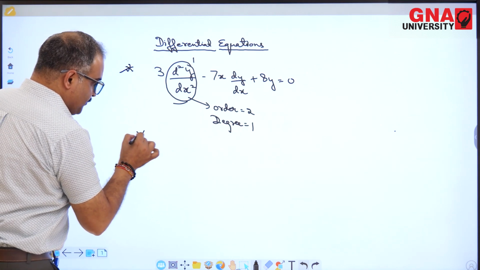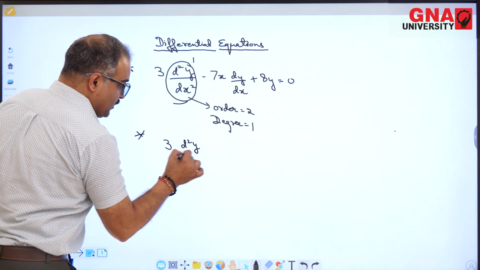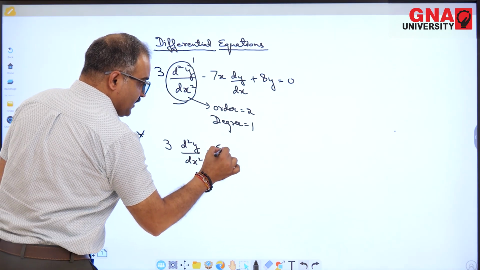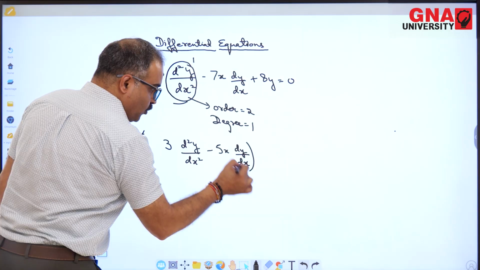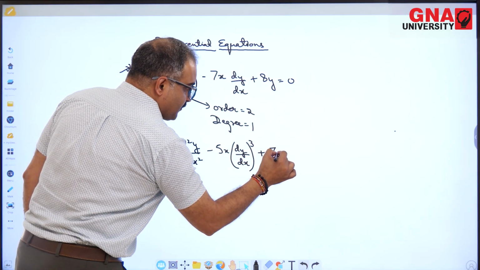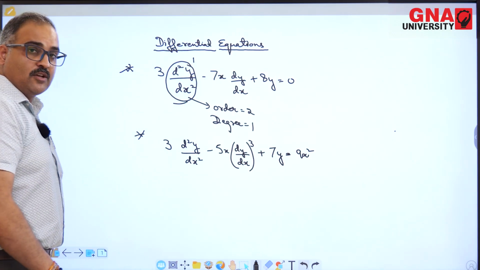I'll take a second example, let it be 3 times d2y by dx square minus 5x into dy by dx whole cube plus 7y is equal to 9x square. Let it be a differential equation.